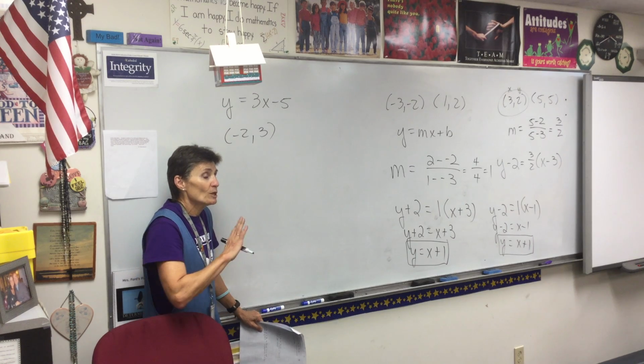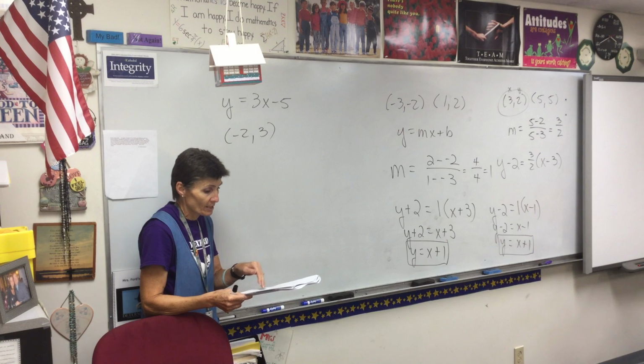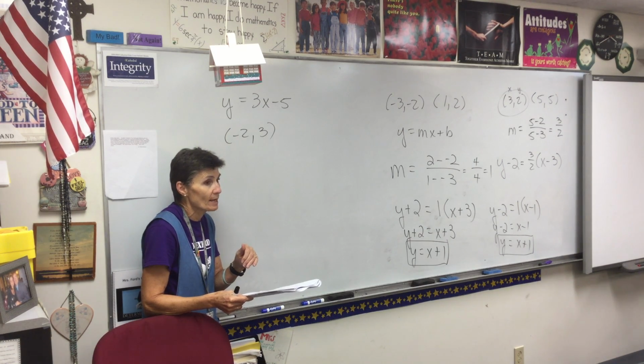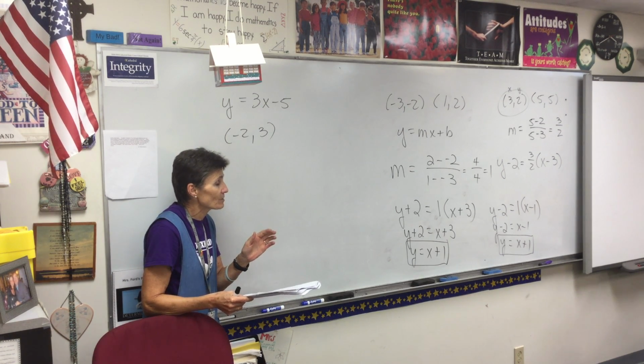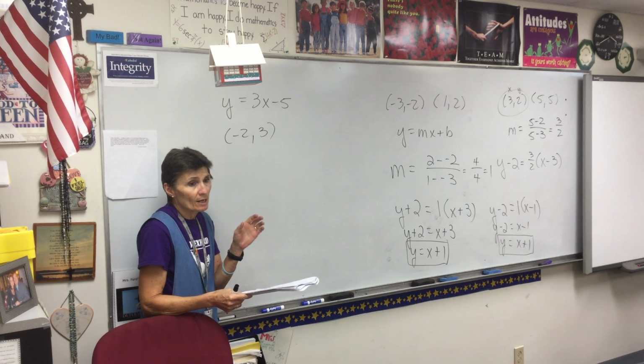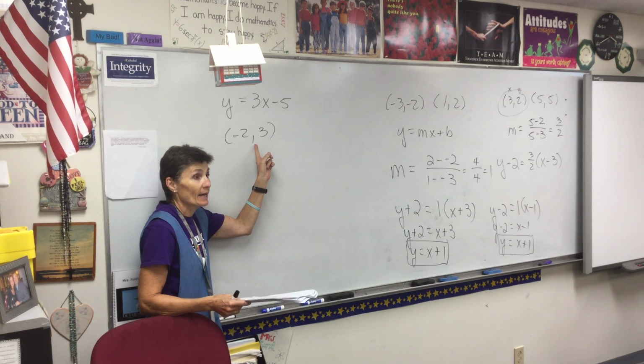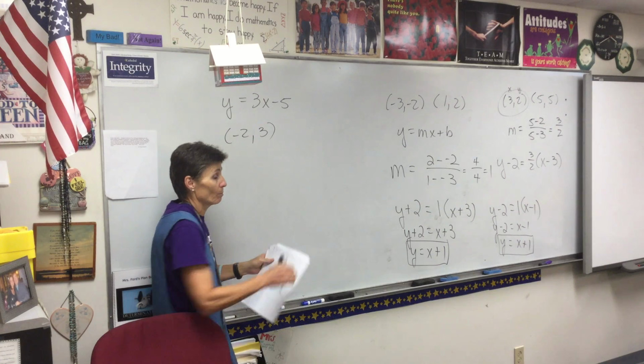No matter which method you use, and I don't see any directions here as far as use point slope or use slope intercept, so it doesn't really matter to me. But no matter which one I choose, what do I have to have? I have to have a point, and I have to have a slope.